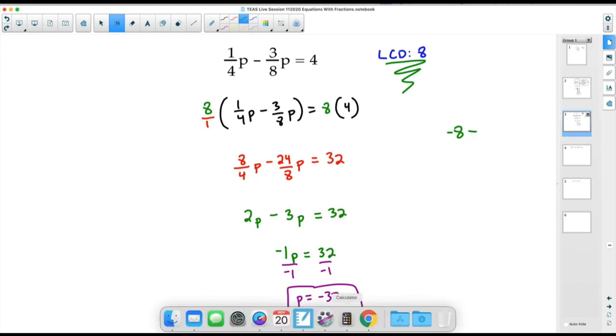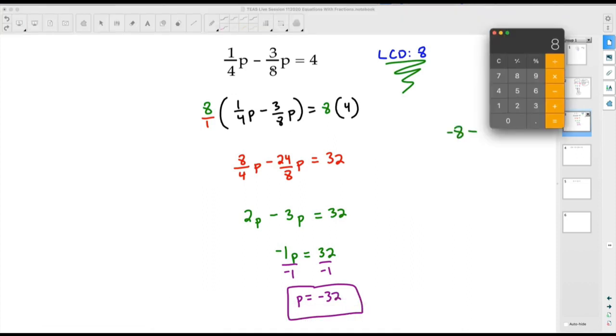Back to the calculator. Now we're taking 3/8 times our answer. So 3 divide 8, we get a decimal. That's not an ugly decimal. Times P. So technically this is times a negative 32, but I'm just going to multiply by 32 here. And notice we get 12.